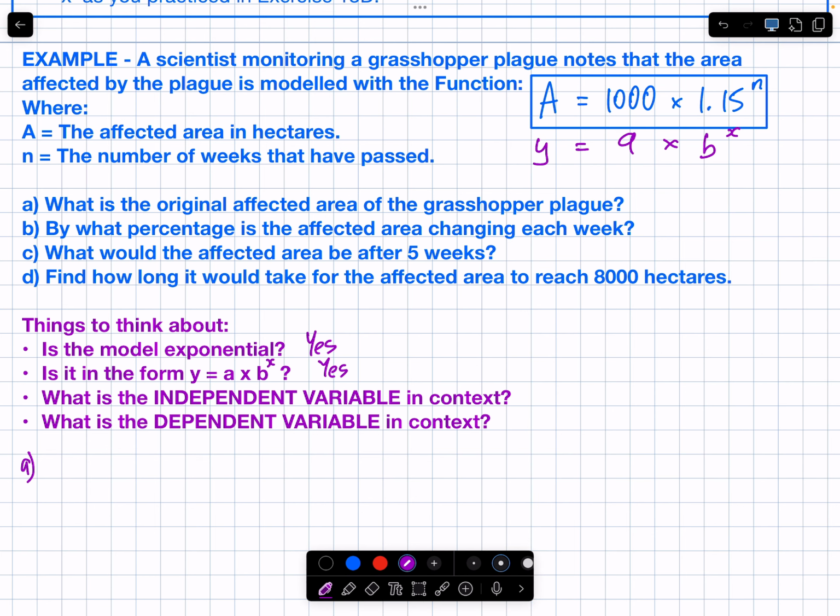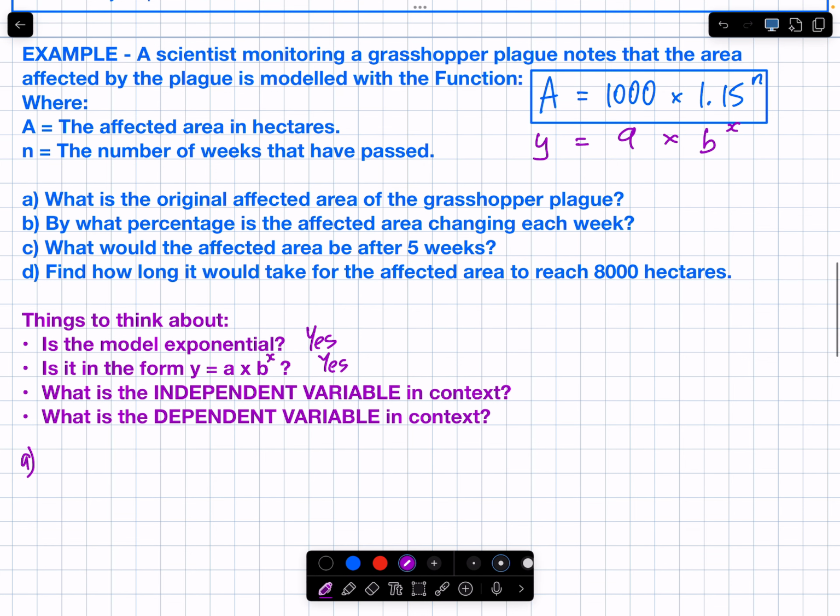And now you need to think a little bit. There's no maths here. The calculator is not going to answer this question in your mind. What's the independent variable in this context? Which variable here, the area or the number of weeks that have passed, which one is going to cause change in the other? Because the question's not going to tell you. The number of weeks.